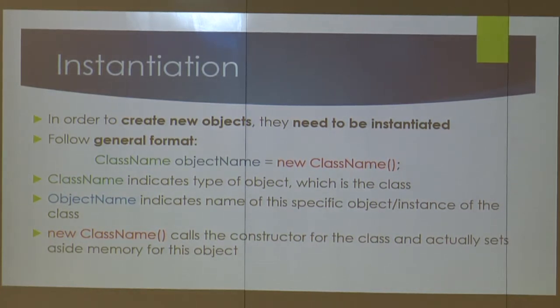Then we have our equal sign, the new keyword to indicate we're creating a new object, and then class name again. Since this class name has parentheses after it, it shows we're actually calling the constructor from a class. This allows us to instantiate the object and have a chunk of memory associated with it so that it actually exists, so we can start using it and manipulating it throughout our code.